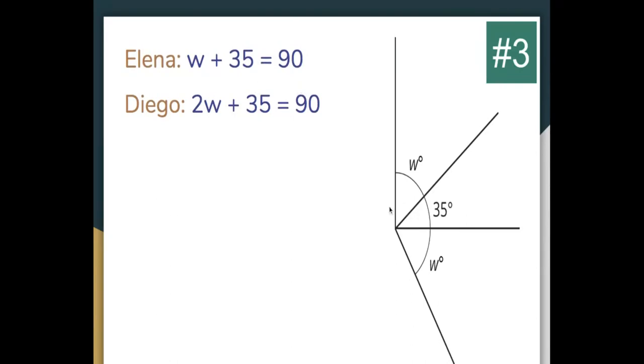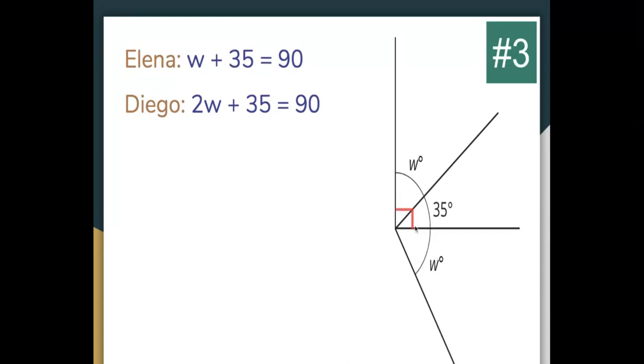Now, there is something missing from here that would help to prove it, and I'm going to add that in by drawing it in: there would need to be a box here indicating that it is 90 degrees. So that should be there. Looking at that, we can see that W plus 35 make that right angle, so Elena is correct.